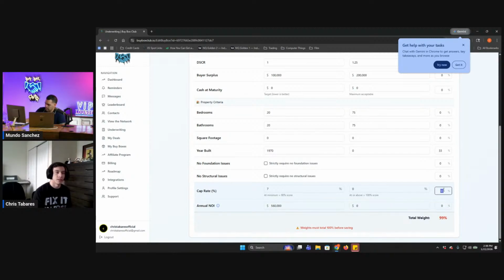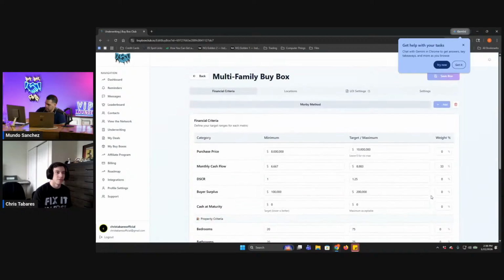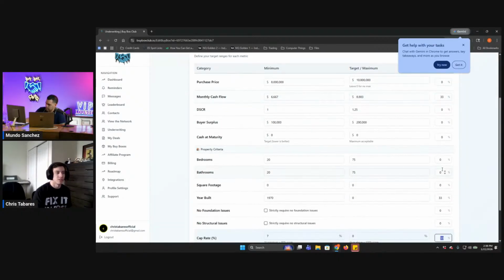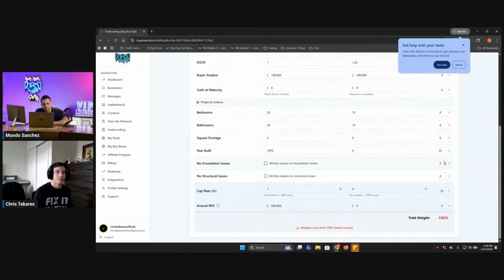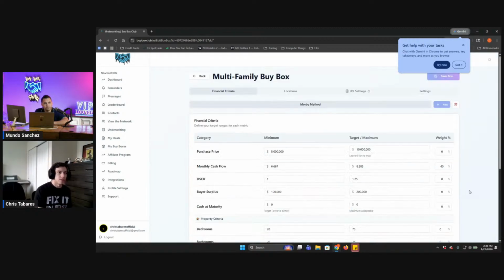What I might do is make everything 25, or since he specifically mentioned it, make the cash flow a little bit higher, maybe like 40%, and have the rest of them. Oops, I can't do basic math in my head here. Pardon me.